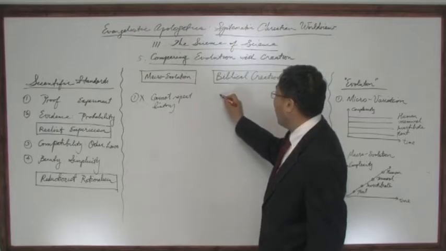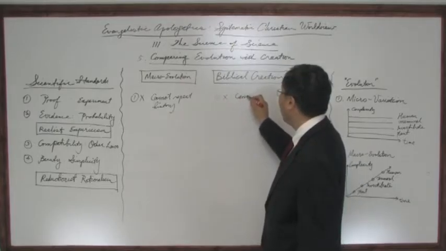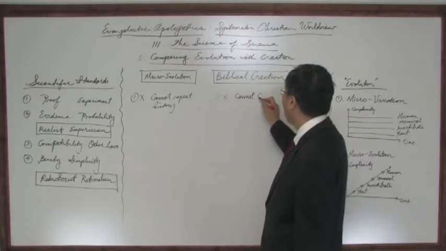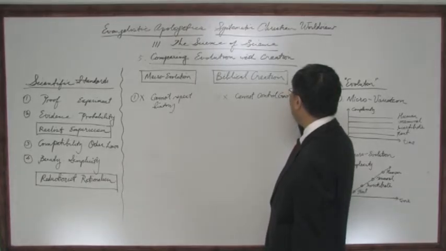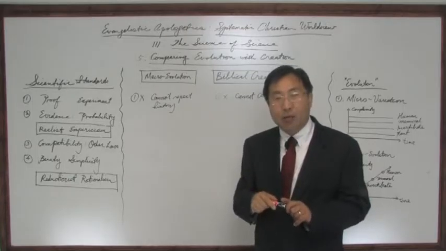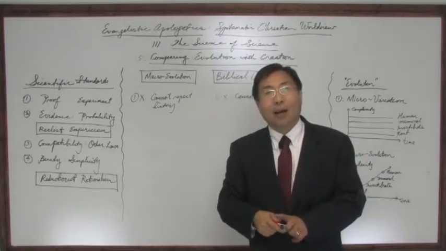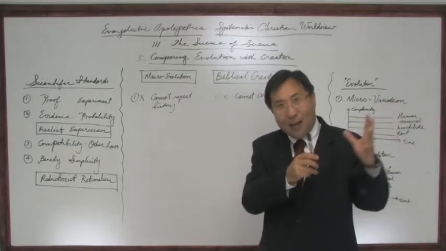And on biblical creation, it's also no, because we cannot control God. If you want to prove biblical creation, you have to say, God, please recreate the universe and keep us somewhere to watch, not in the universe.